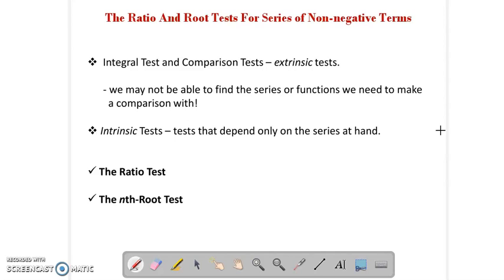So now we're going to discuss the intrinsic tests, the tests that depend only on the series at hand. Looking at the terms of the series only, we will decide the behavior of that series. We have two intrinsic tests. First is the ratio test. Second is the Nth root test.